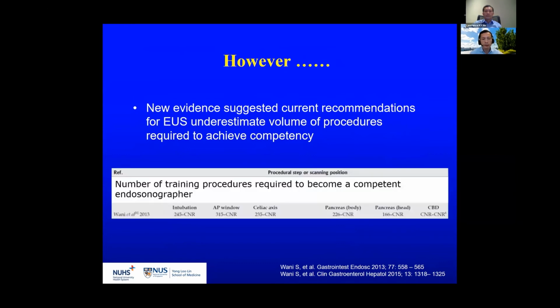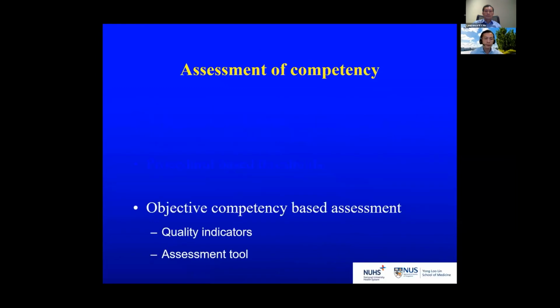The studies mostly came from Varadarajulu's group, where, as shown here, the numbers are much higher. So this is where I'm going to go to the next topic. I'd like to share with you that we need a more objective way to assess the competency of a trainee during a workshop or during his or her training program.